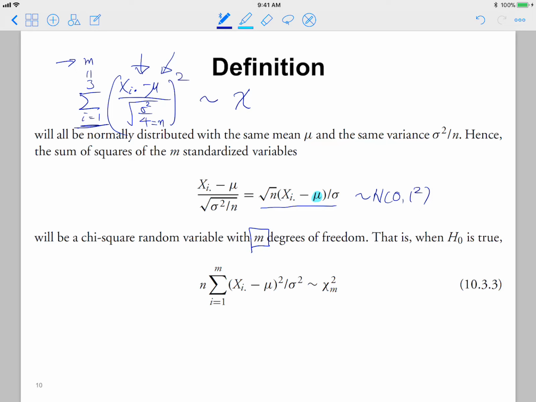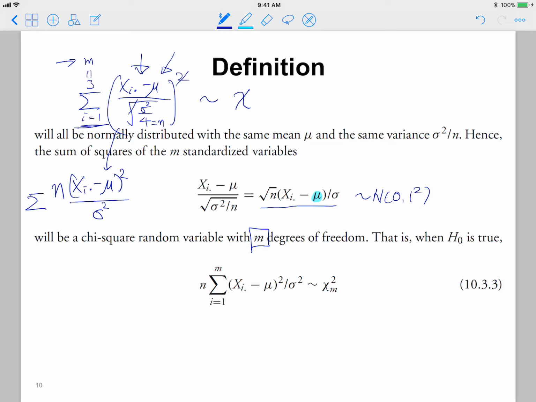And then if we manipulate this equation a little bit, xi dot minus mu squared, and then this guy and this guy will be cancelled out, and then sigma squared, right? And then divided by n, but let's move it to the numerator.